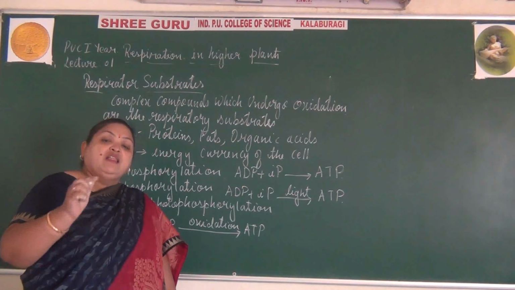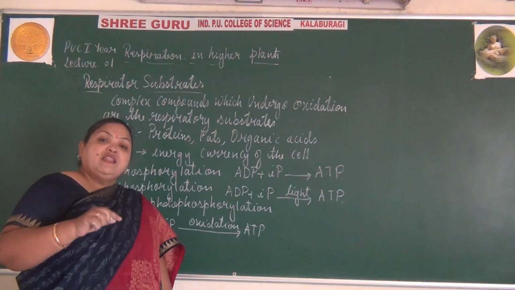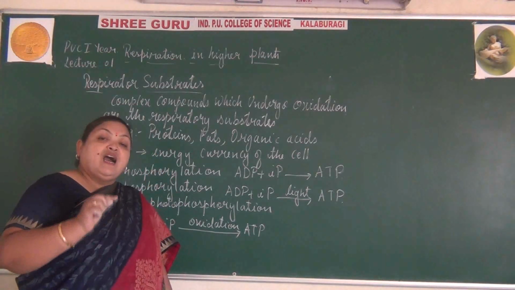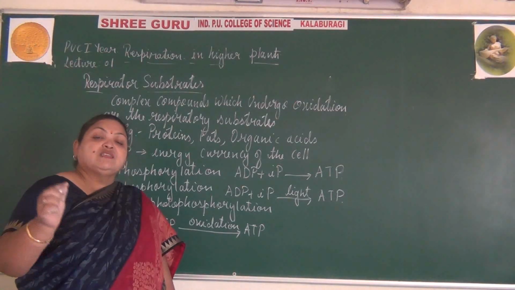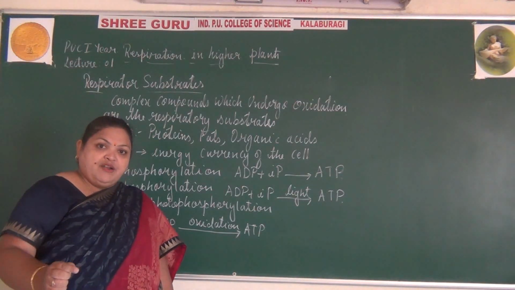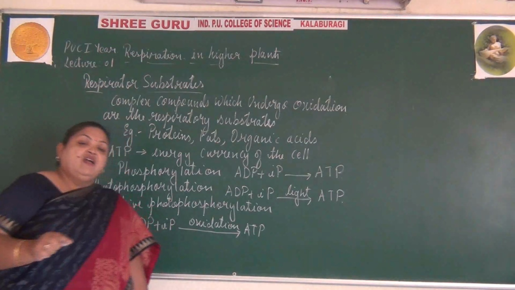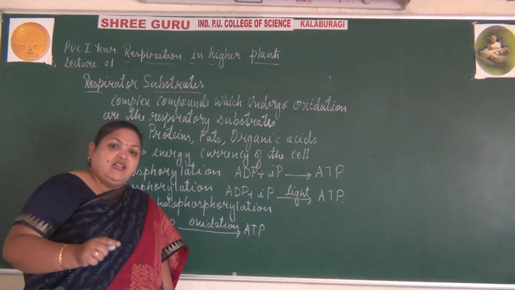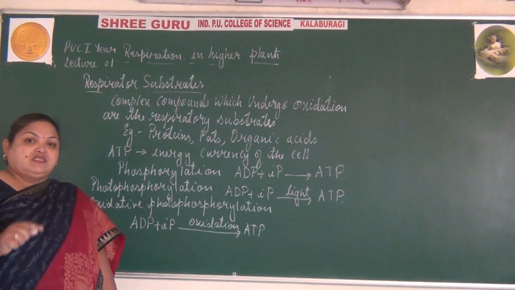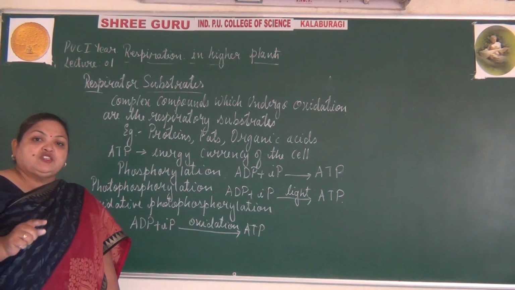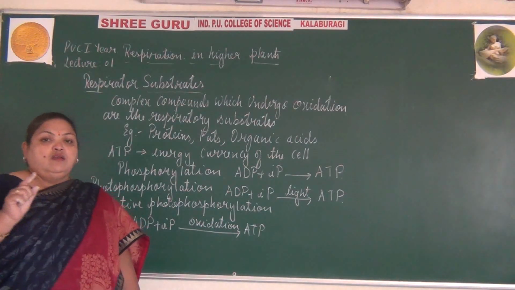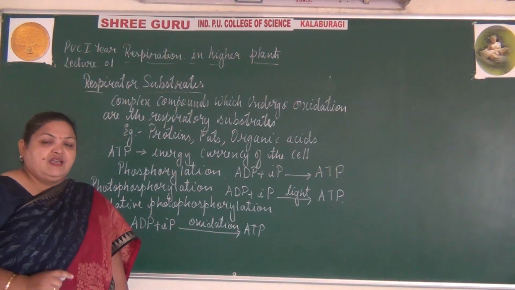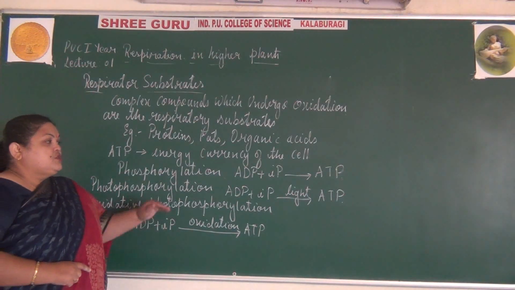Half of the process occurs in the cytoplasm, while the other half occurs in the mitochondria. We know that the mitochondria is the powerhouse of the cell, where ATP is synthesized. So respiration occurs in both the cytoplasm and the mitochondria.